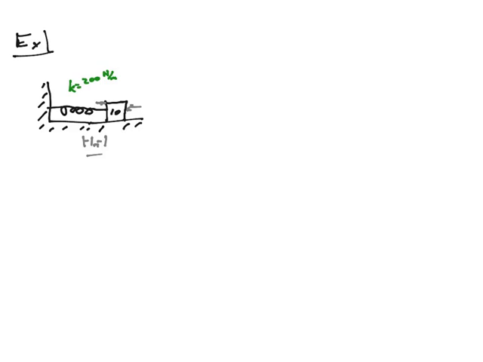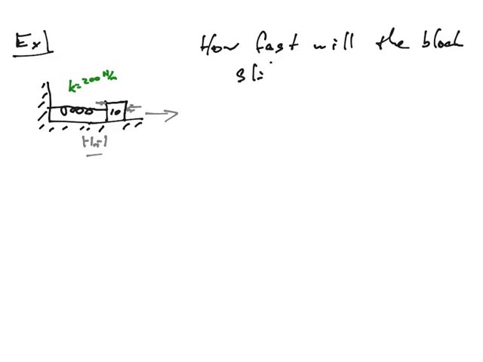Then we let go, and the spring's allowed to slide to the right. It gets pushed by the spring, it slides to the right. I want to know how fast will the block slide.